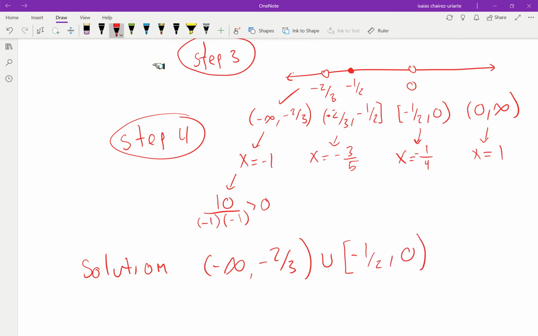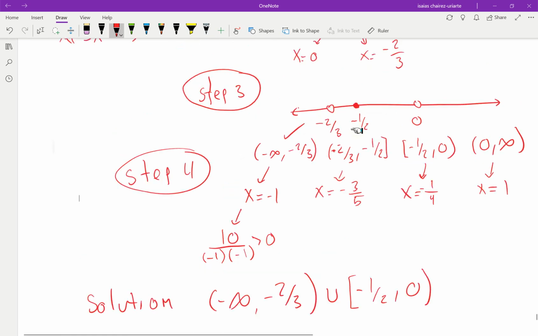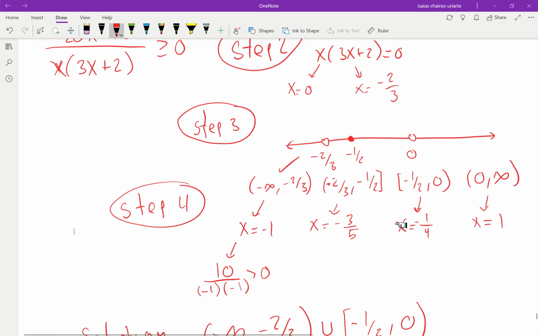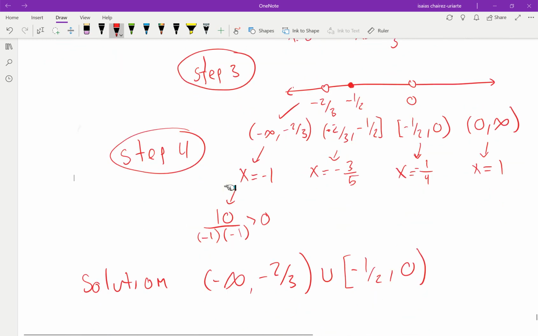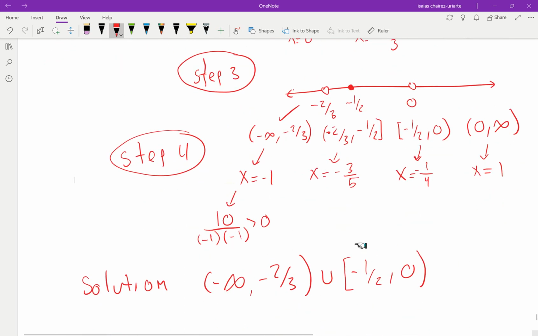You should verify that that's true. You should plug all the other corresponding test values into the inequality and make sure that it satisfies the inequality. And you should conclude this answer here: negative infinity to negative 2/3 union negative 1/2 to 0.